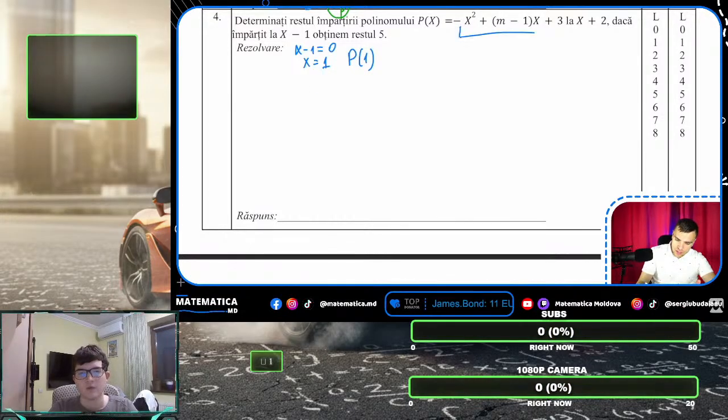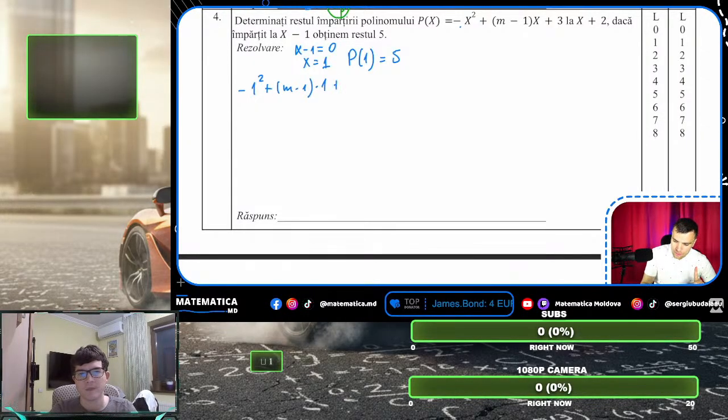So we got 1, so now we will be doing p of 1. So p of 1 is 5, basically. Now minus 1 to the second power, just plug in the 1 right there in the p of x expression, plus 3, and then that's equal to 5. You can put that as equal to 5 at the end. So now that's going to be minus 1 plus m minus 1.